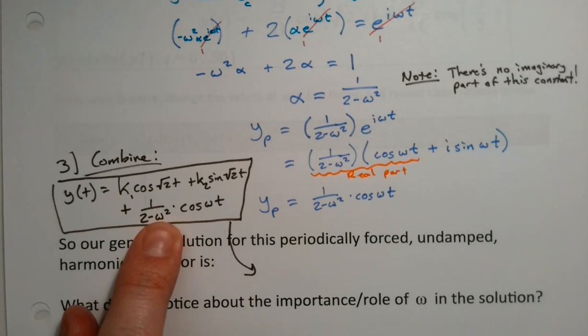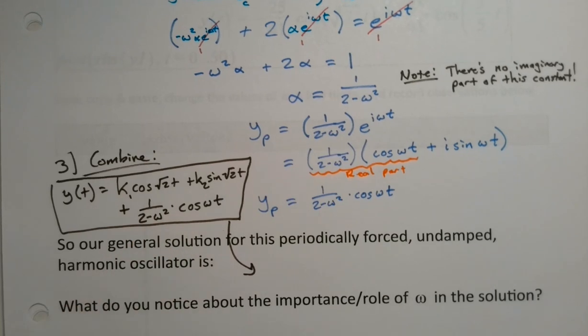Is there any particular value of omega that might cause problems for this term? What do you think would happen? Well, ponder that. Maybe even try playing around with it in Maple and see what happens. And then we're going to get back together on Tuesday and talk a little bit about this in class.